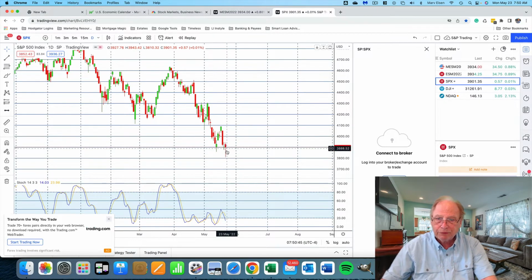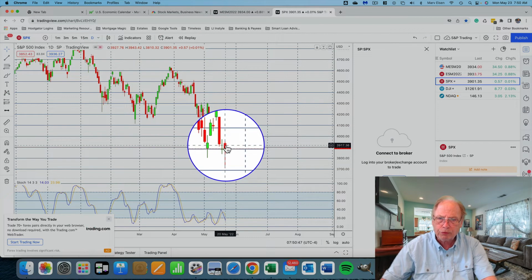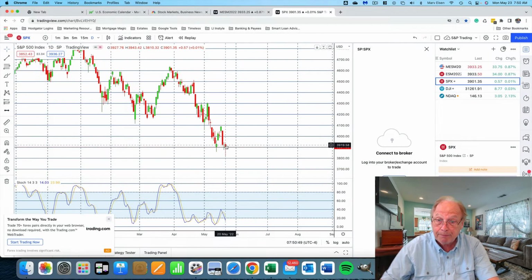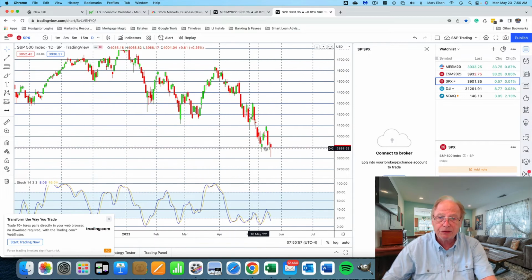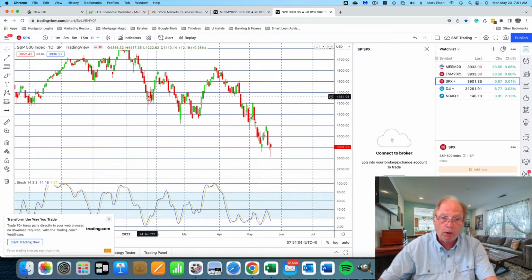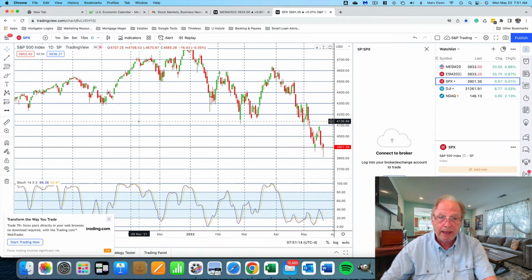But look at the configuration of this candle. A strong push upwards. The bulls made a very valiant attempt to prevent any further deterioration in the S&P. Will that hold today? Well, let's go back and see what happens when we see other candles like this forming in the past. And I'm going to tell you right now, there are not many. Here's one on January 24th of this year, when the market was trying to hold back the stampede coming down from the high at the end of last year.